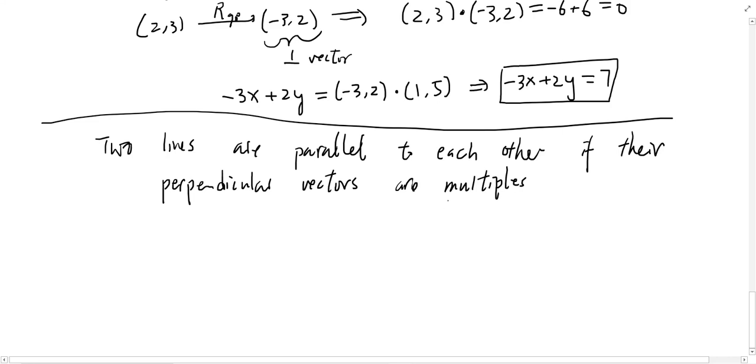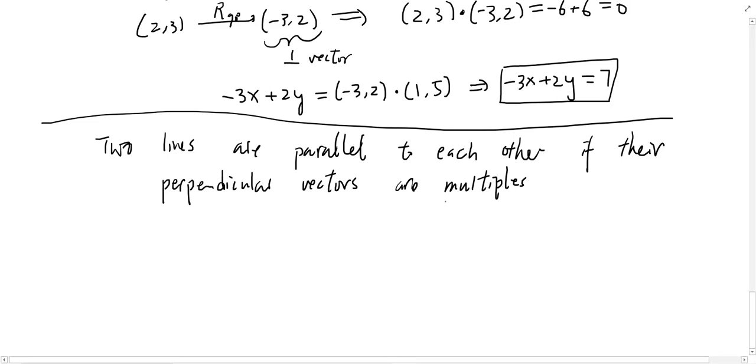That's the same exact concept as if you were using the direction vectors of the lines. If they're multiples, then they have to be parallel. Here you're using a simple concept in geometry, which states that if you have two lines that are perpendicular to the same line, they must be parallel to each other. That's basically the idea here.